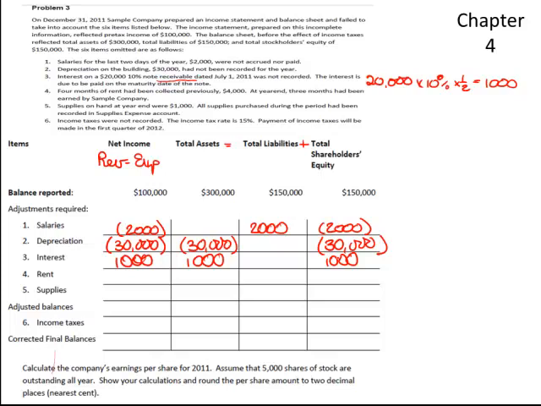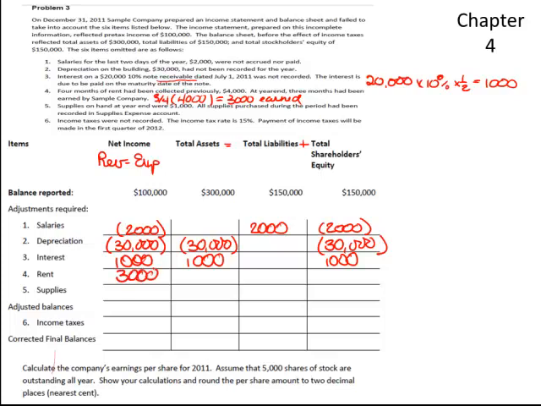Number 4. 4 months of rent had been collected previously, of $4,000. At year end, 3 months had been earned. So this has been sitting there in unearned revenue, and it really belongs in revenue. 3/4 of $4,000 is $3,000 and has been earned, and if it's been earned, it belongs in a revenue account.